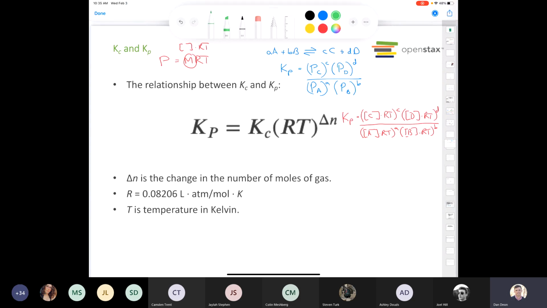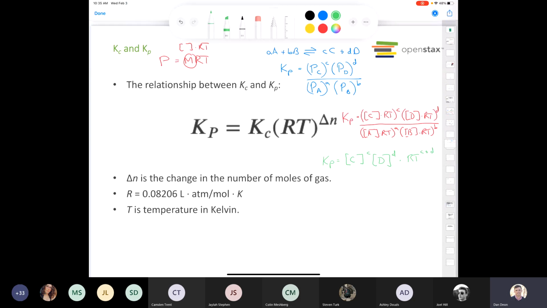So now we can rearrange this formula, and we can say that Kp is equal to the concentration of C to the power of little c times D to the power of little d times RT to the power of c plus d, right?